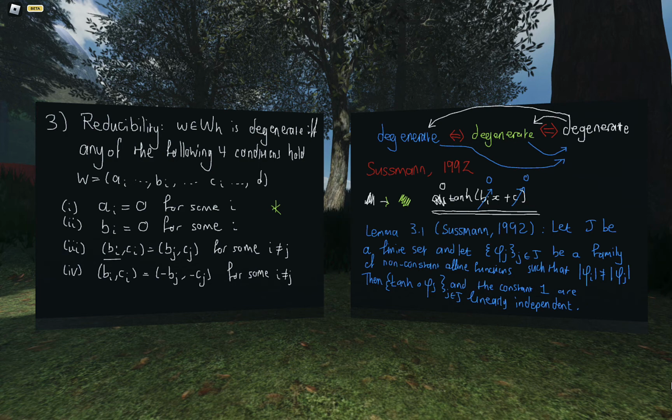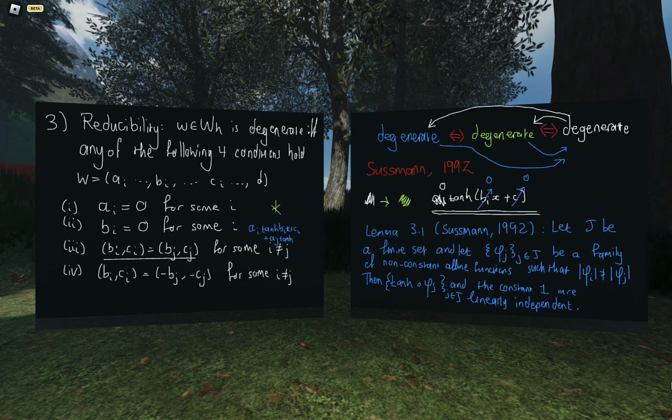If you have these equal, then you've basically got a situation like AI tanh(BI X plus CI) plus AJ tanh.